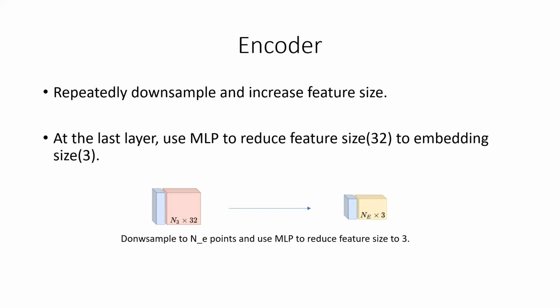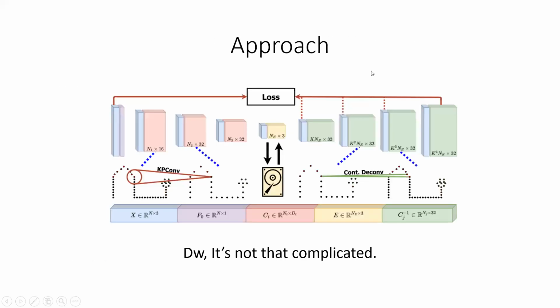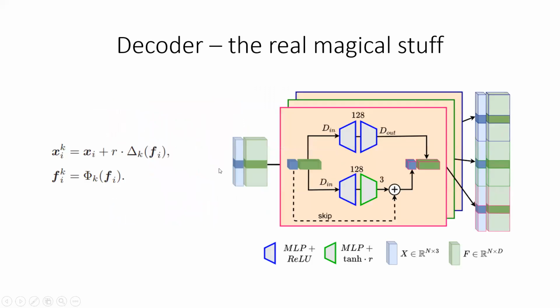Now, once you have this embedding space, at the decoder part, this is the real magical stuff that happens. So you're basically wanting to again decompress it and reconstruct it, right? So what they do is, for each point, they pass it through a decoder network that gives out say 3 points. In the paper they use one point and they build 3 points, and how they build those 3 points is quite interesting.